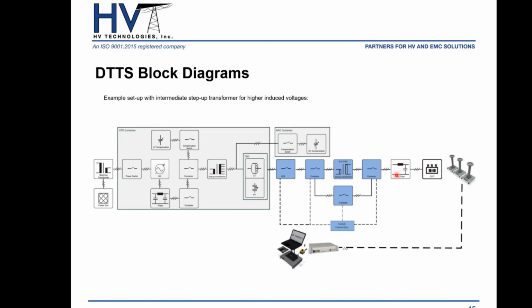And then you have a series of filters, and then it'll go right to your test object. In this example, it also shows on this side the coupling capacitors and PD partial discharge detector, which can also be an option in your testing regimen. So just a few, just to show the modularity and the potential for expansion of the DTTS system.